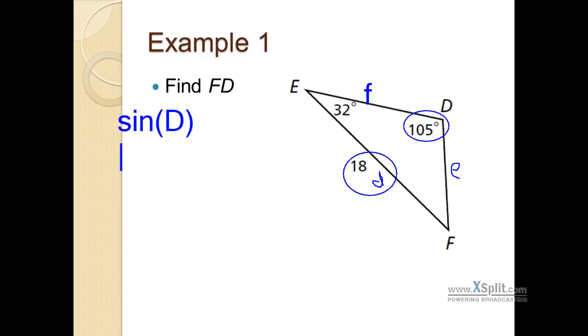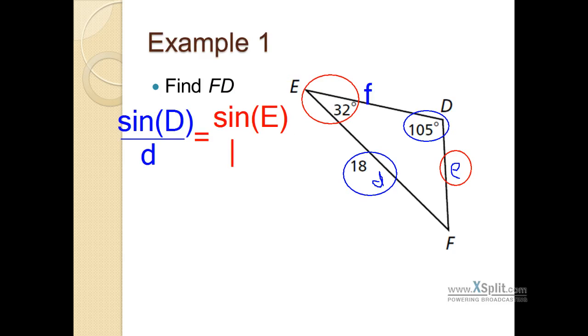Sine of angle D over side d. And we can also do the same type of thing with angle E. We want to know this side here, and we have the angle opposite it. So we could say that's equal to sine of angle E over side e.